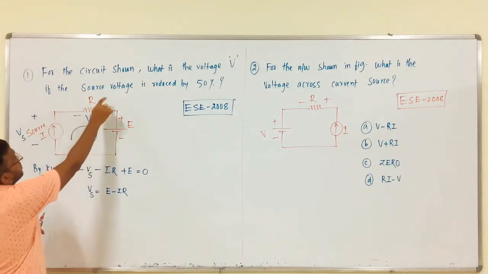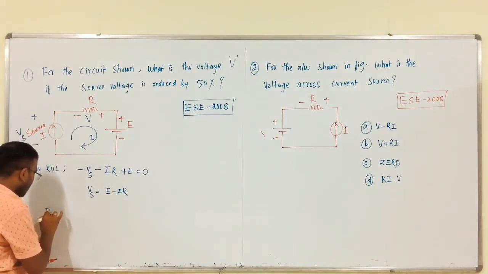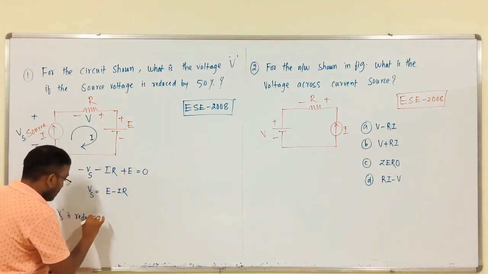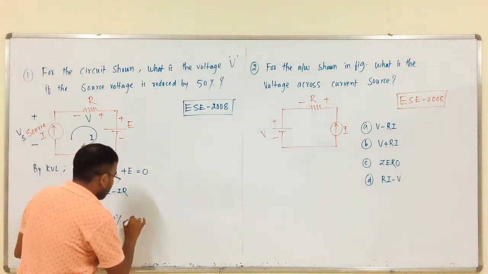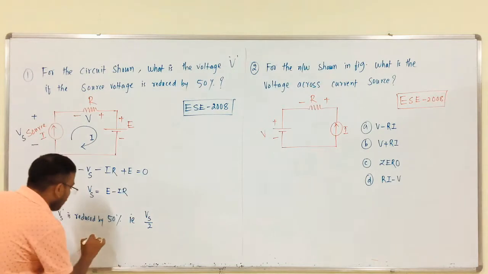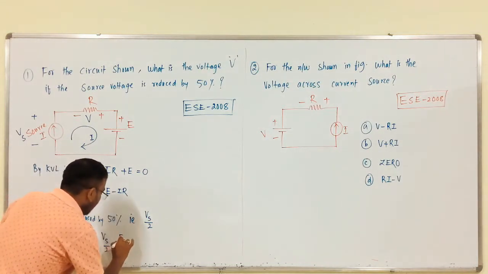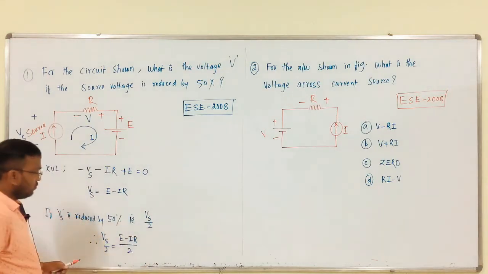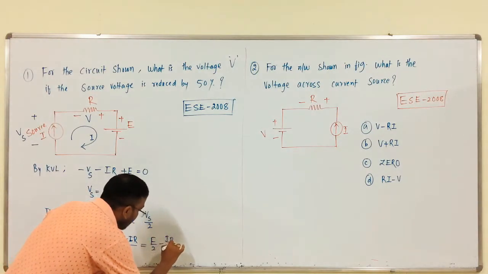Now, if the source voltage is reduced by 50%, that is Vs by 2. Therefore, Vs by 2 is equal to E minus IR by 2, that is E by 2 minus IR by 2.